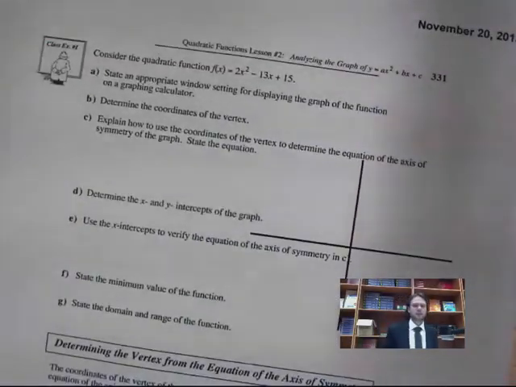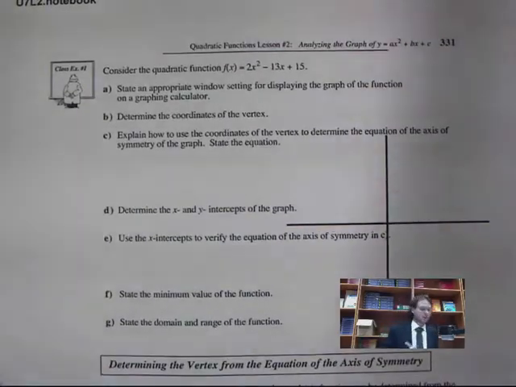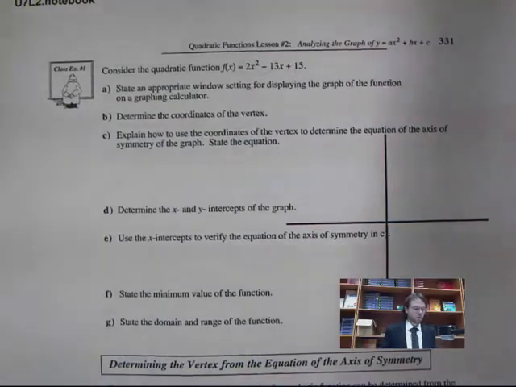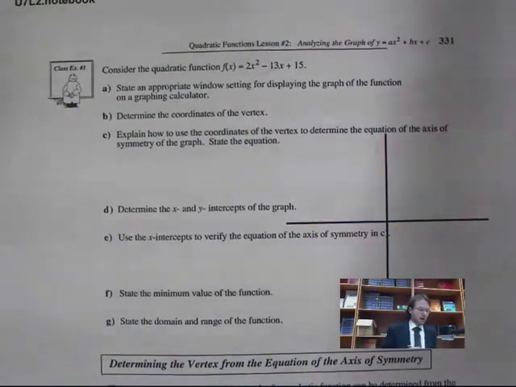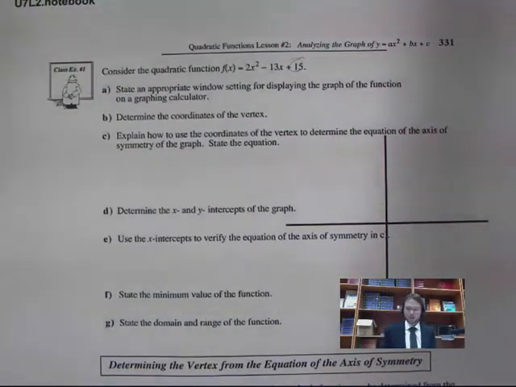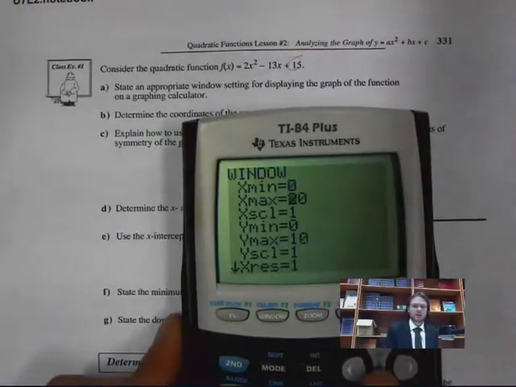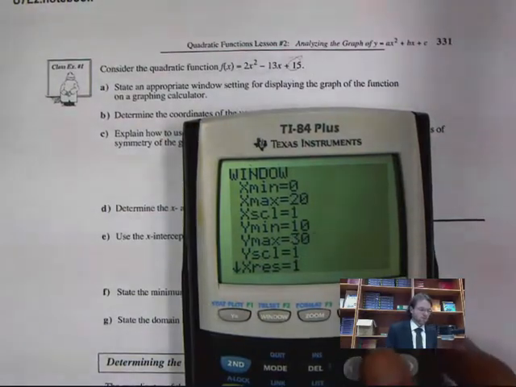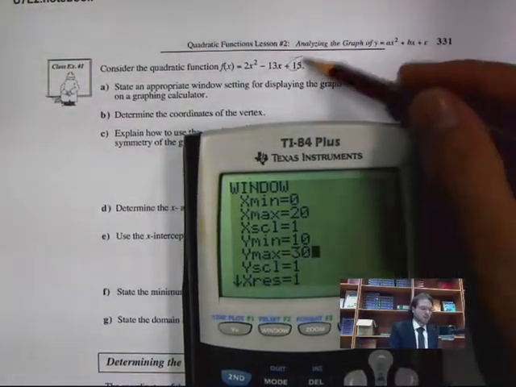Class example says, consider the quadratic equation 2x squared minus 3x plus 15. State an appropriate window for that. Well, I look at this plus 15, I know it's going to be very high up. So for my window, I'm going to put my y min at, let's say 10, and my y max at 30, because I'm starting at 15.